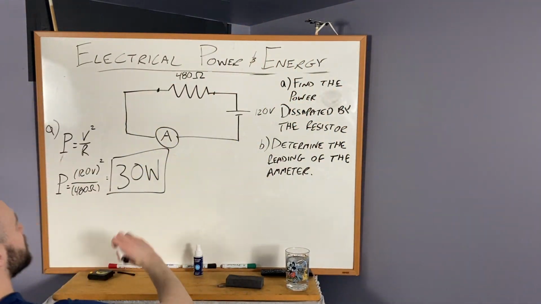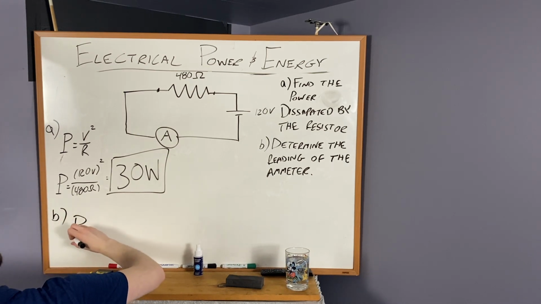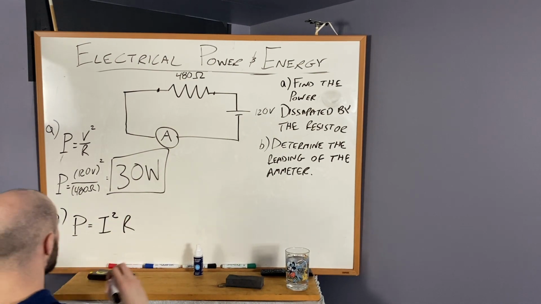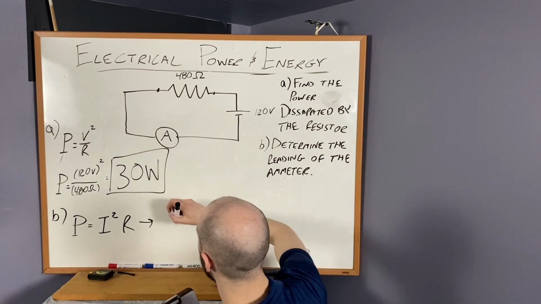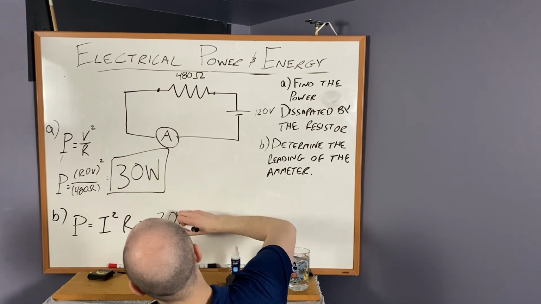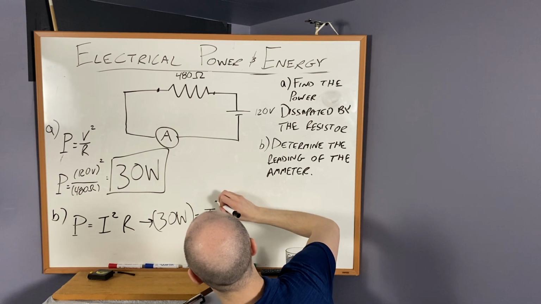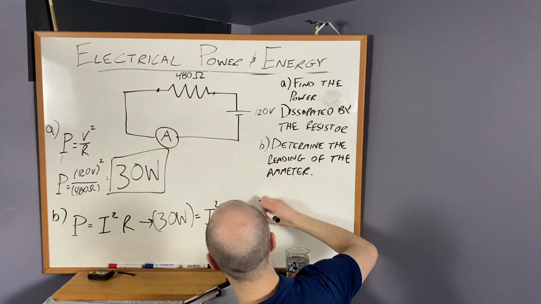Okay, from a power perspective, part B, we know power is equal to I squared times R. We also know, since we found it before, 30 watts of power is being used by that resistor. We want I, and we know the resistance of the resistor is 480 ohms.